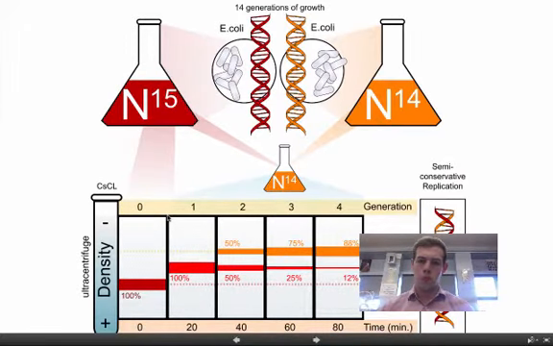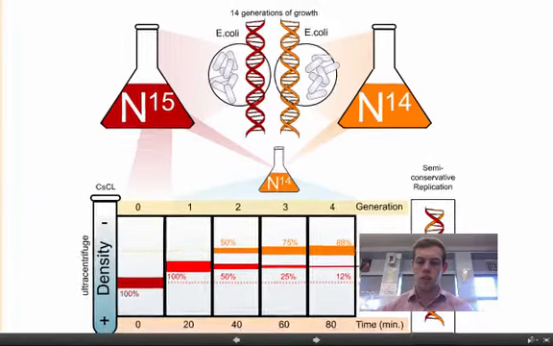Over time, they let more and more generations divide, and what they eventually saw was a separate band started to form up at 14. So you'd get one band at about 14.5 and the other band up at 14, and over subsequent generations, the percentage in that upper band kept increasing.